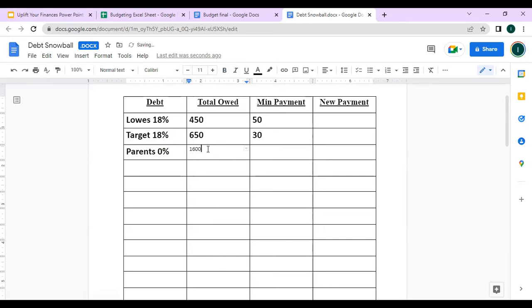$1,600 again, and his parents charged him no interest, and he's paying his parents $200 a month to pay that back. This person also has a Visa credit card with 18% interest that he's paying.